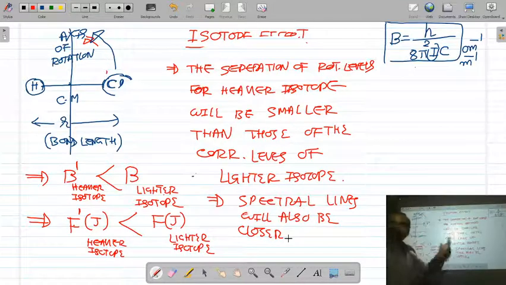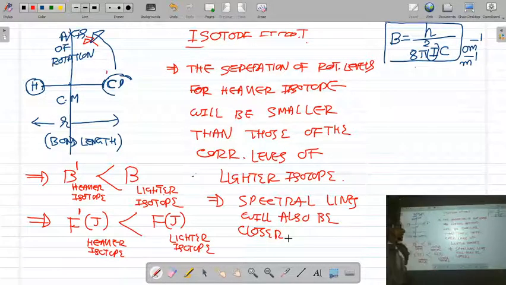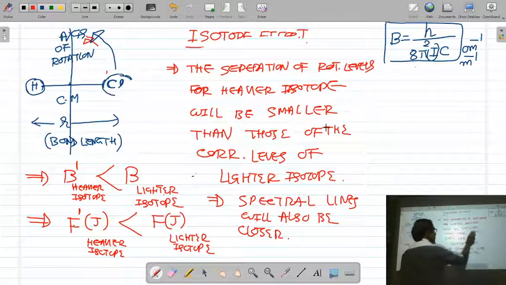Okay, so you can understand that the separation of rotational levels for the heavier isotope is smaller than those of the lighter isotope, meaning the spectral lines will also be closer.